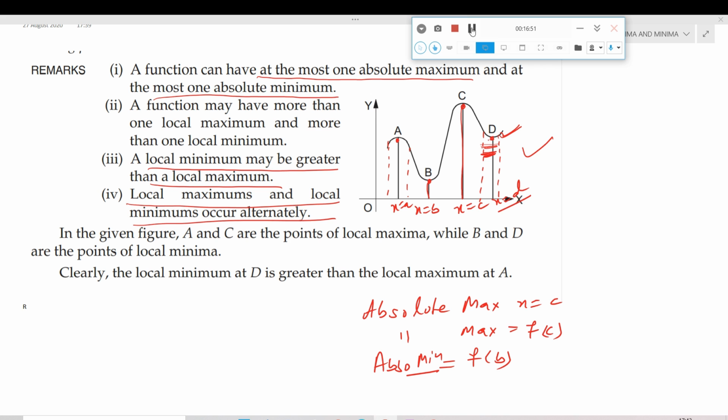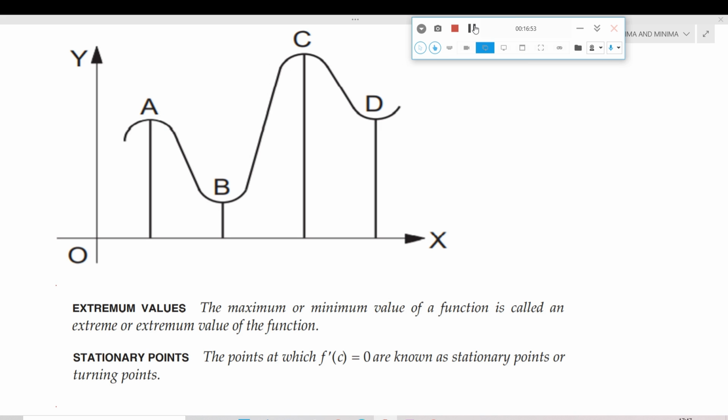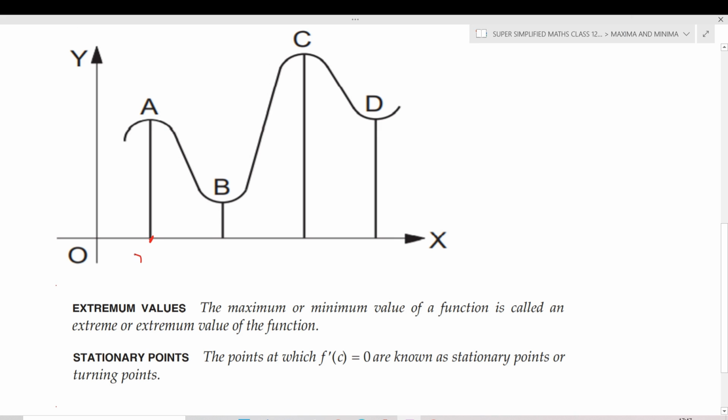Now students, let us learn some terminology related to maxima and minima. Now you can see that x equal to A is the point of local maxima, x equal to B is the point of local minima, x equal to C is the point of absolute maxima as well as local maxima, and x equal to D is the point of local minimum.